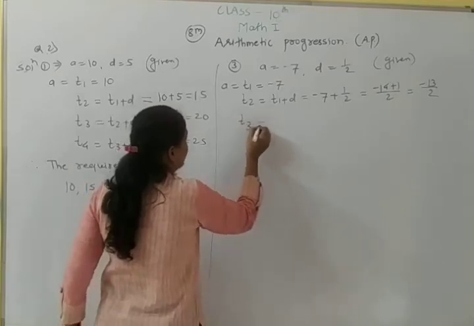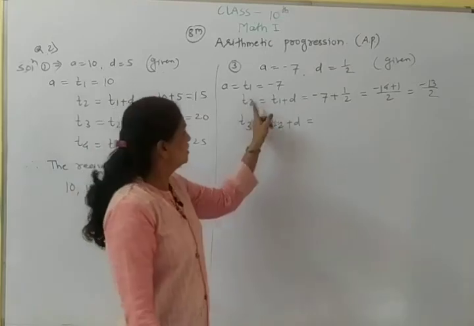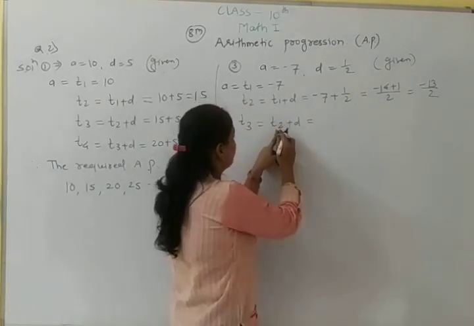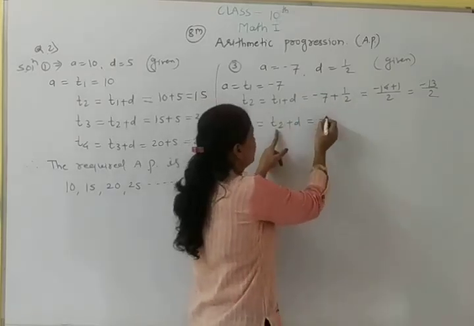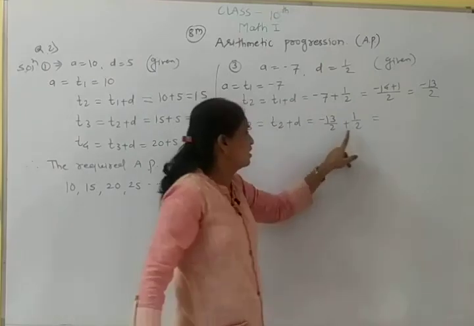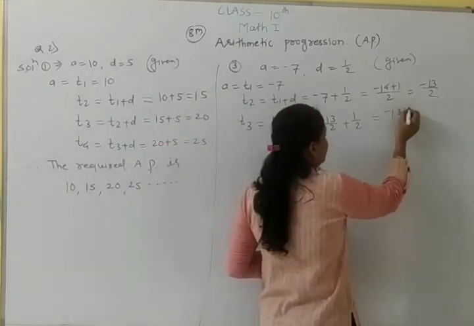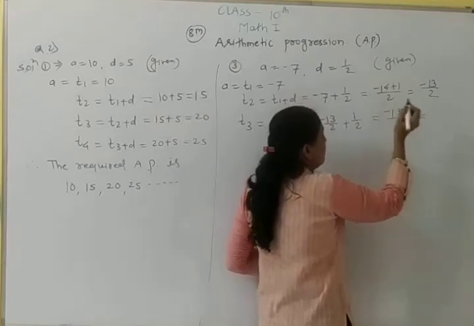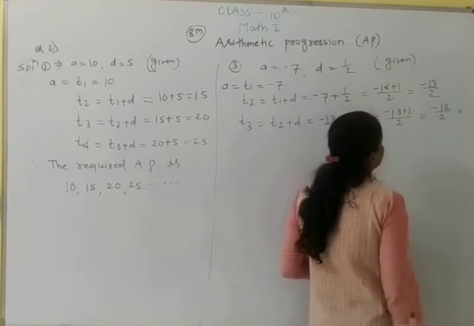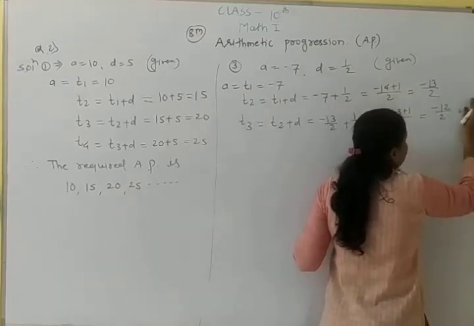Again T3 equal to T2 plus D. T2 is -13/2, and difference is 1/2. Here the denominator is same, so write down -13 plus 1 divided by 2, and -13 plus 1 will get -12/2, and -12/2 equal to -6.